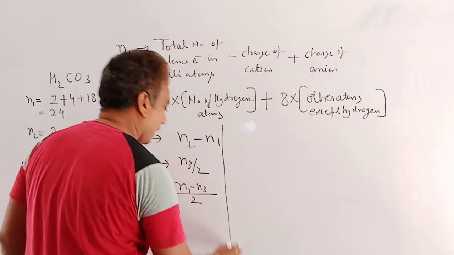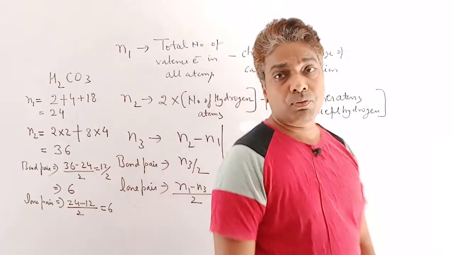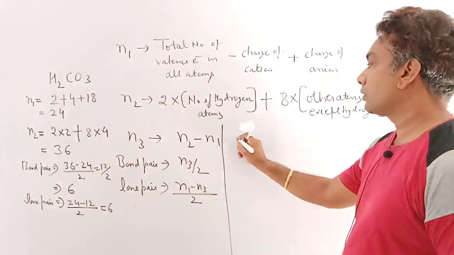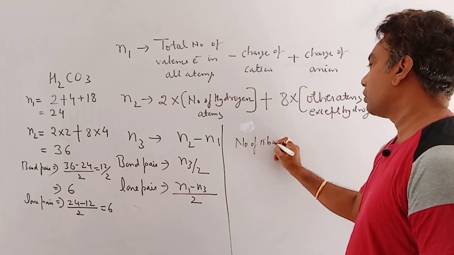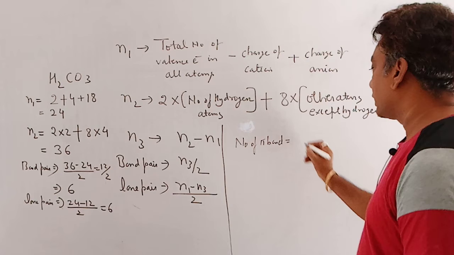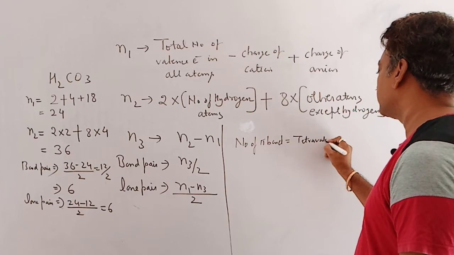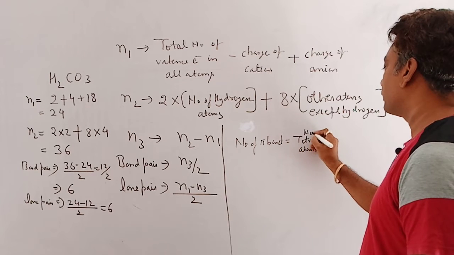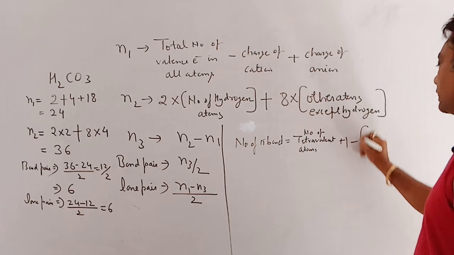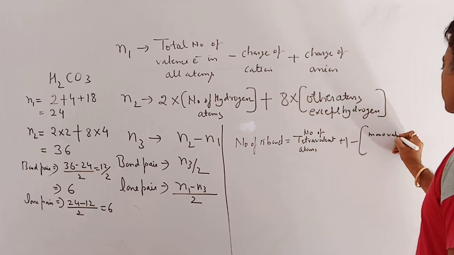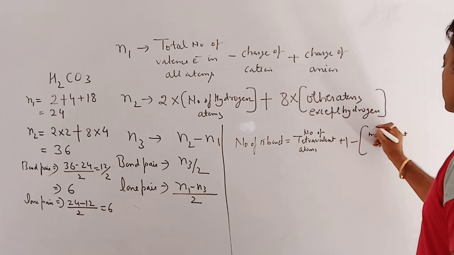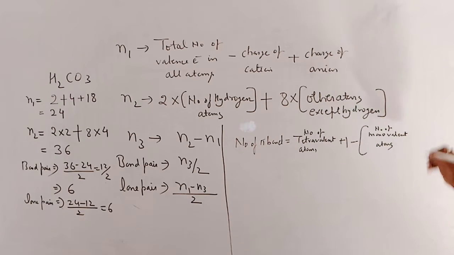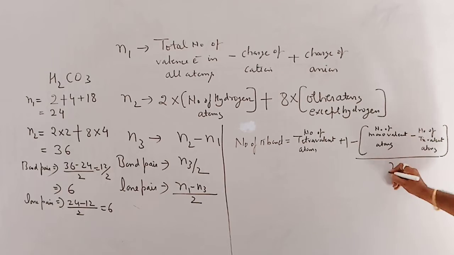For the calculation of the number of pi bonds, the formula is: number of tetravalent atoms plus 1 minus number of monovalent atoms minus number of trivalent atoms, divided by 2.